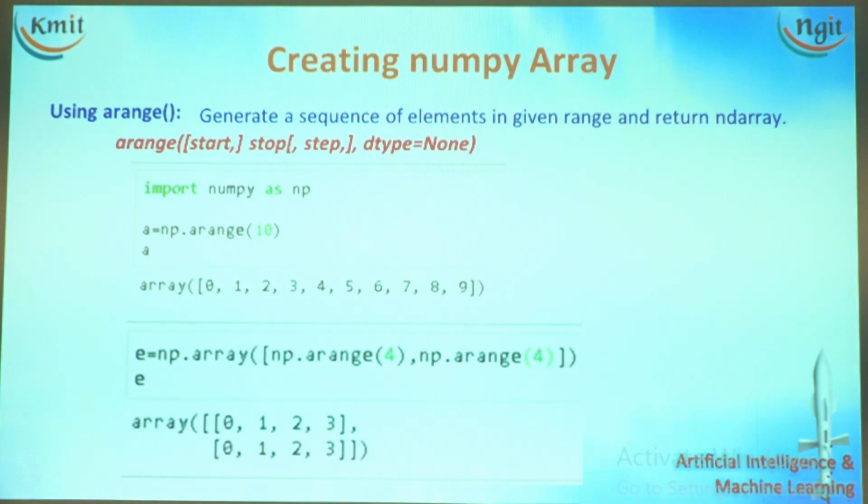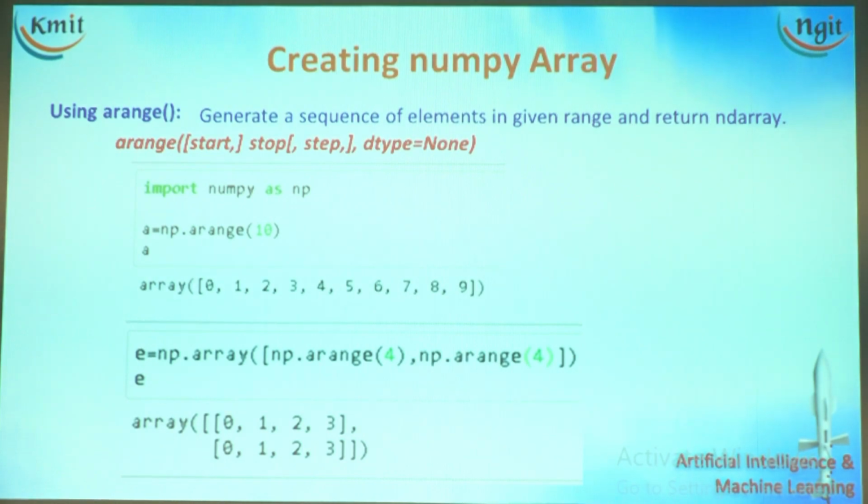Now I have created another one. What is that? That's a two-dimensional array for you. So what did I do here? I passed two parameters inside a list. So I used the arange function to create these two dimensions of my array, right?